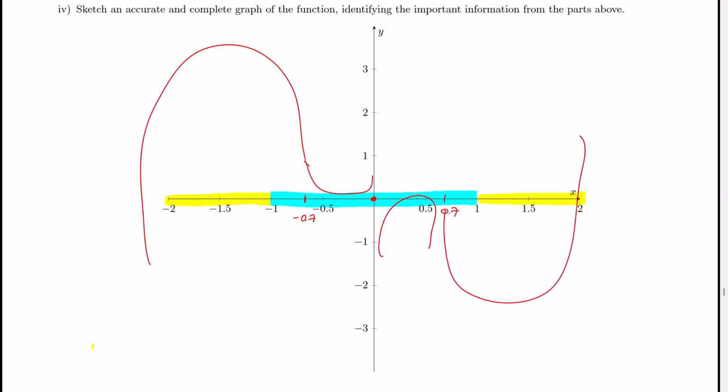So I'm trying to separate the colors so you can see where the concavity changes and also see where the graph itself has increasing, decreasing intervals. So the concavity is going to change at those intervals, and it's going to be a different concavity than this pink and this other pink interval.